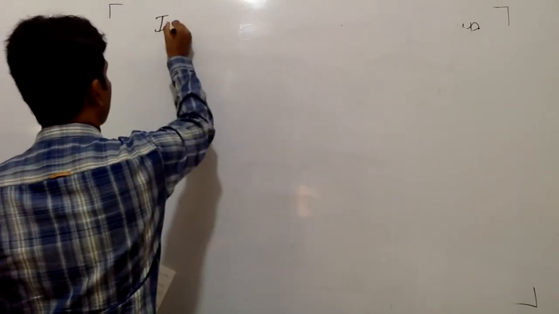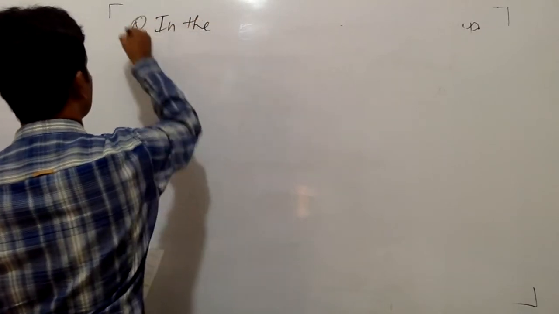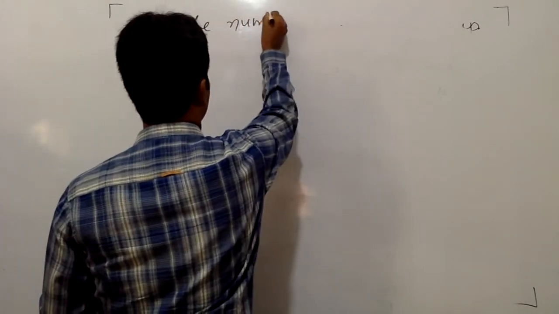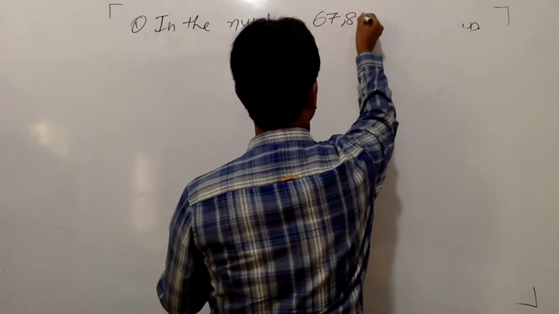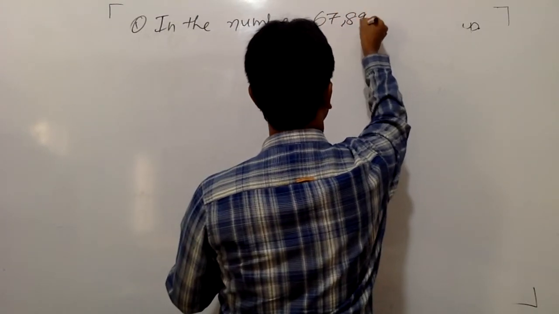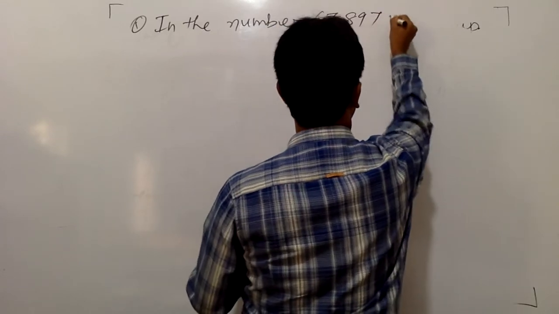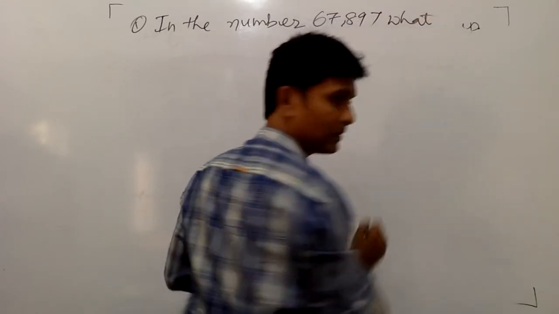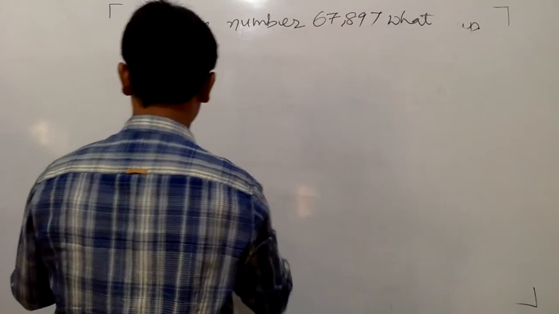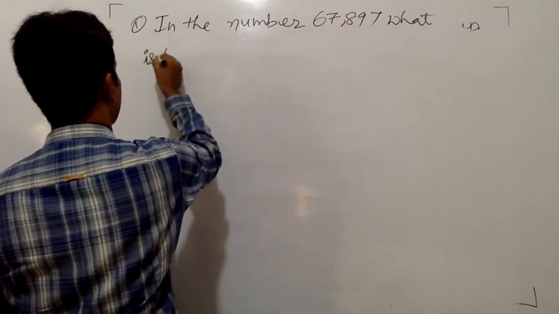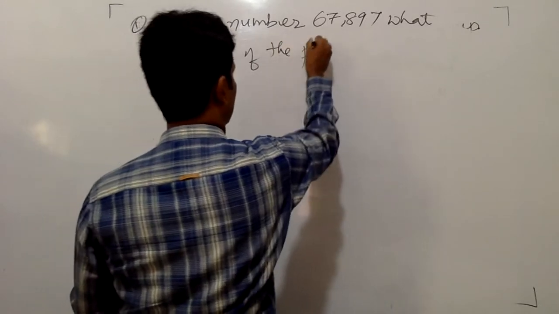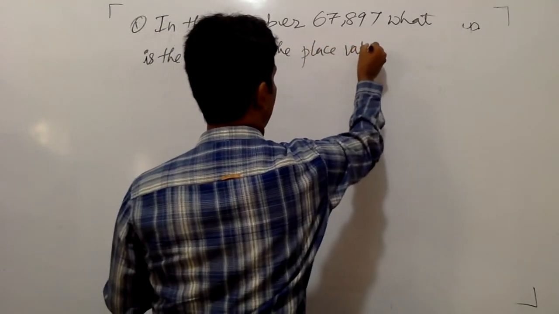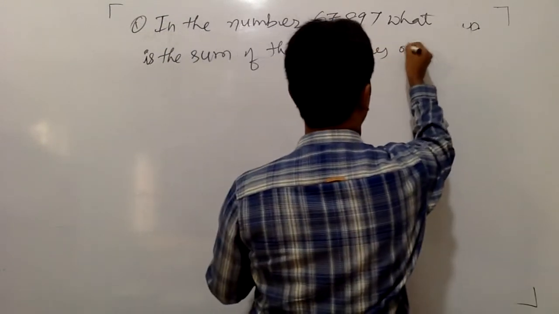In the number 67,897, what is the sum of the place values of 7?